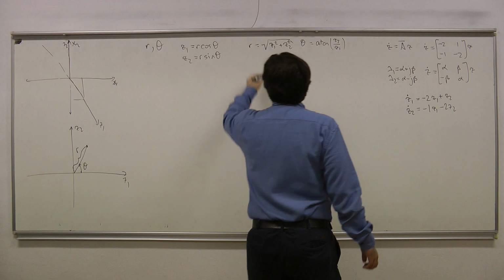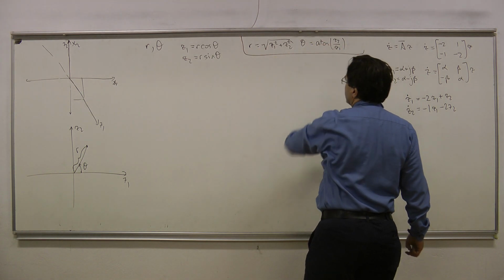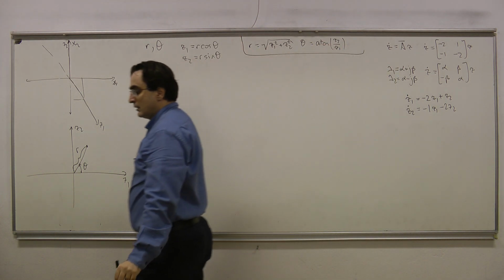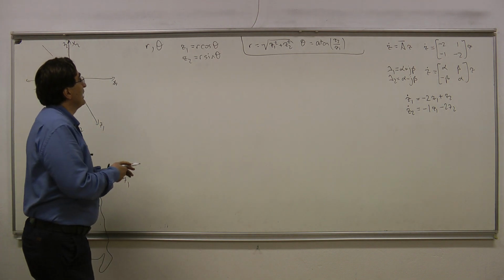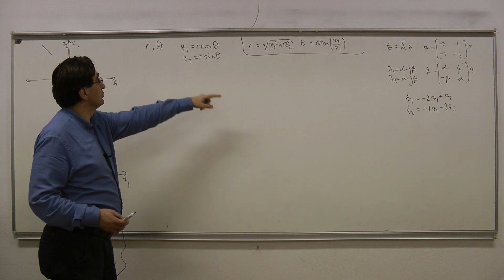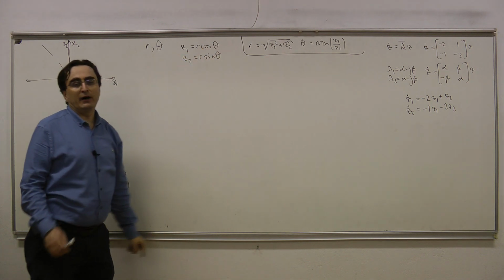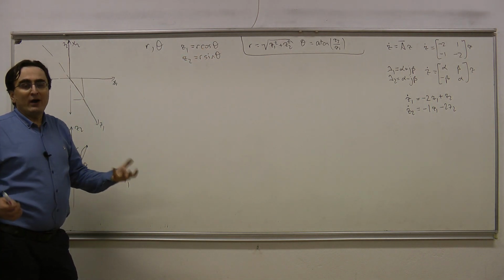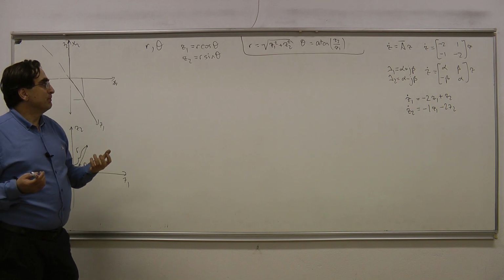But here we are not going to be using the inverse relationships at all. So then how can I change my state variables Z1 and Z2 into r and theta? So what should be our aim?